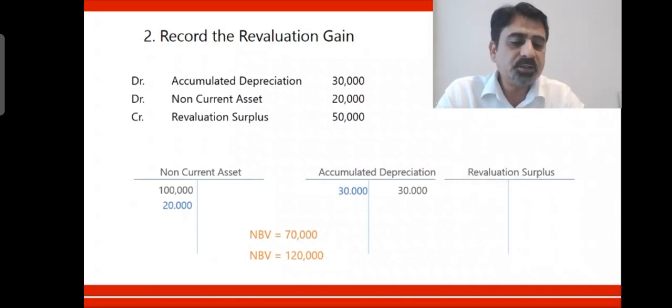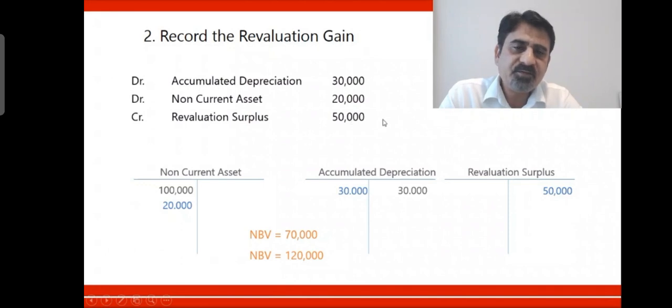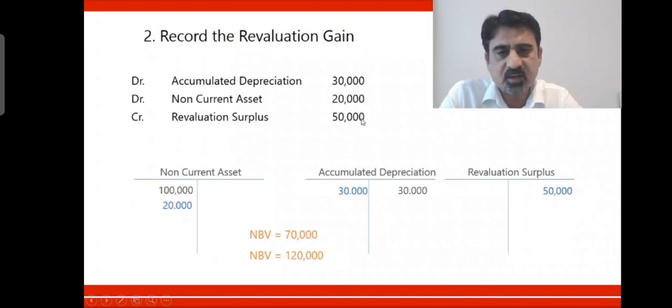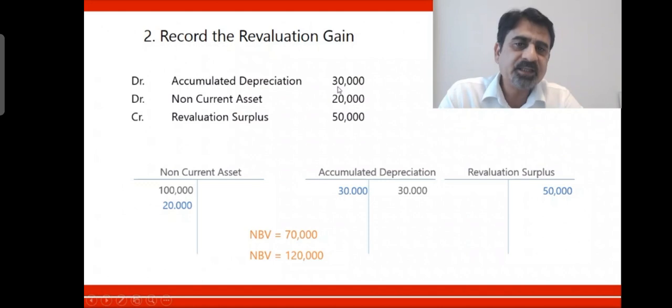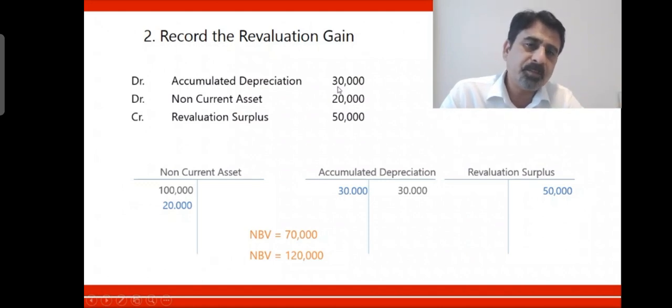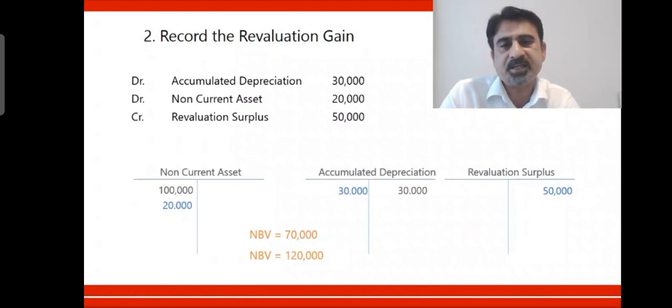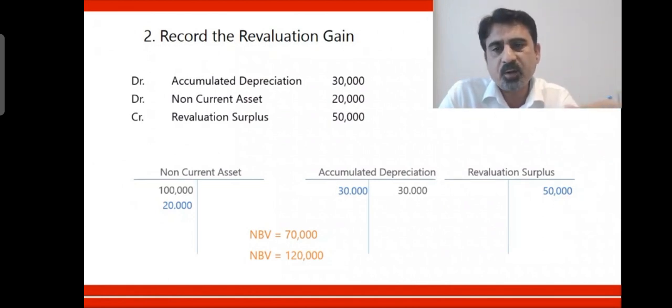And then you've got revaluation surplus account, which is shown as 50,000. Now you should see here that this 50,000, the gain, which you call revaluation gain, which is shown in the revaluation surplus account, it includes 20,000, which is the real gain, and 30,000 is the extra depreciation which we charged in the past. We reversed it back. So now we are going to give shareholders 50,000.